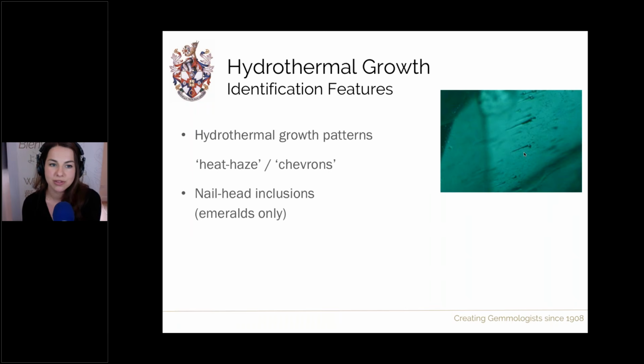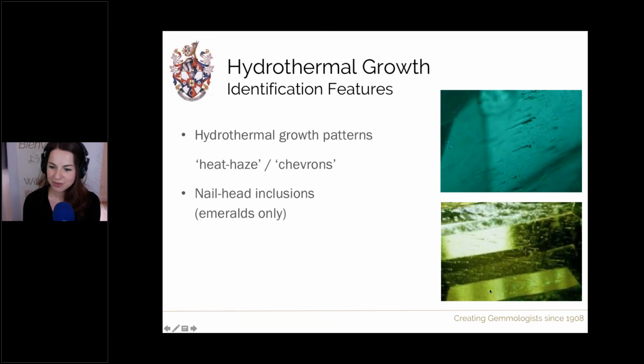So it's just formed during the synthetic growth process at a different pressure-temperature combination. And with the nail head inclusions, when you see them within hydrothermal grown emeralds, you'll notice that they're all pointing in the same direction. So they're all parallel to each other and they're all going the same way. So this is a feature that you can see in hydrothermal emeralds.